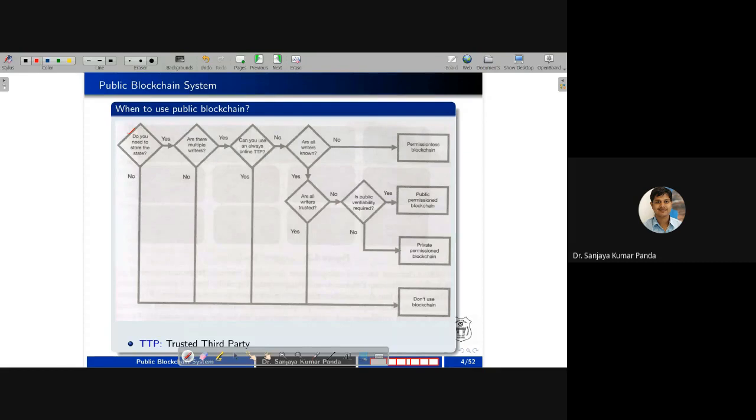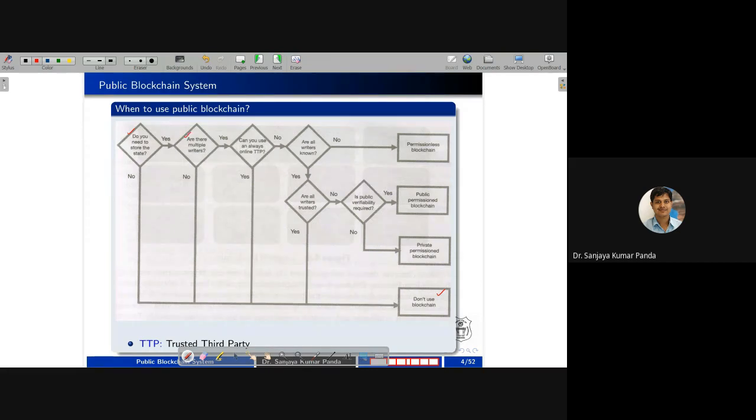So do you need to store the state? If your answer is no, I don't want to store this in some state, then don't use blockchain. You can use blockchain only if you want to store the transactions and everything in the form of a state. If it is yes, we go for the second question.